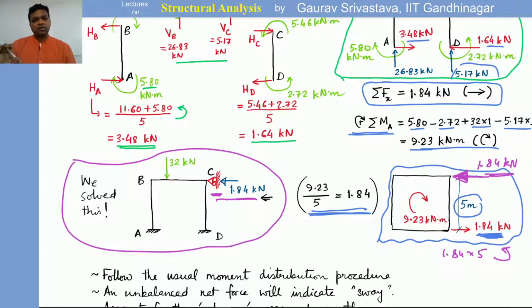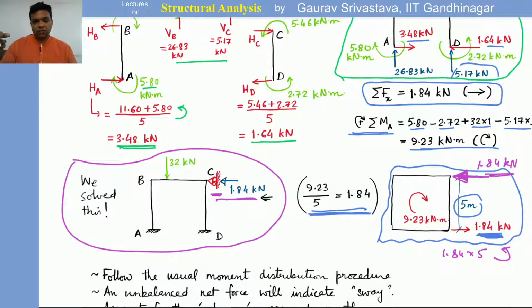Okay, now we can use the same logic which we had been using for joints, right? We were freezing the joints, fixing the joints, and then allowing them to rotate by applying the moment which is required for equilibration. In this case, we see that there is a force which is preventing it from moving to the right.